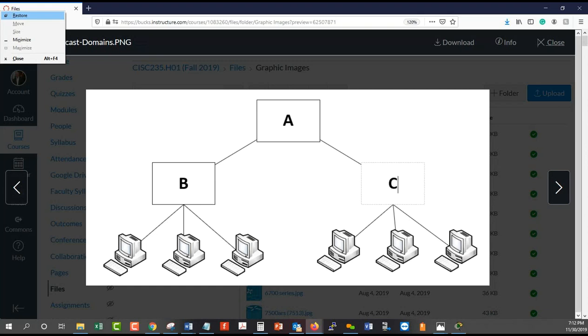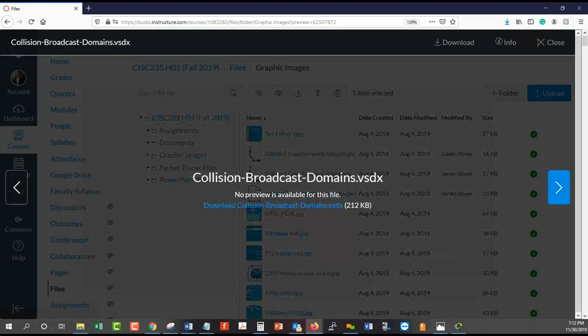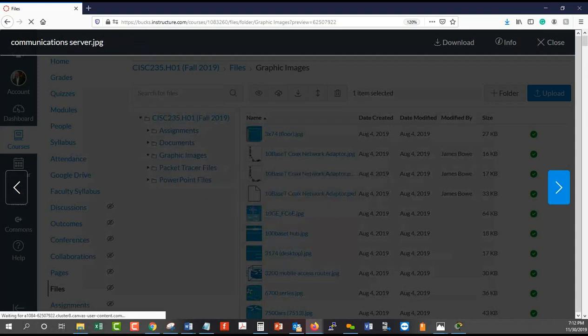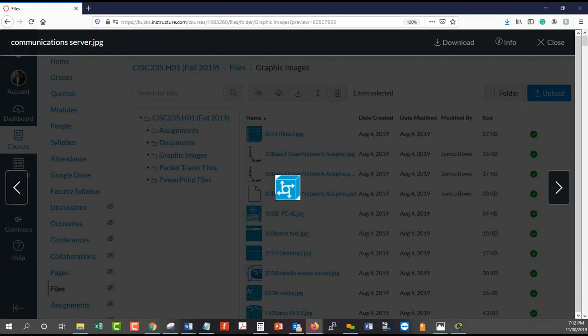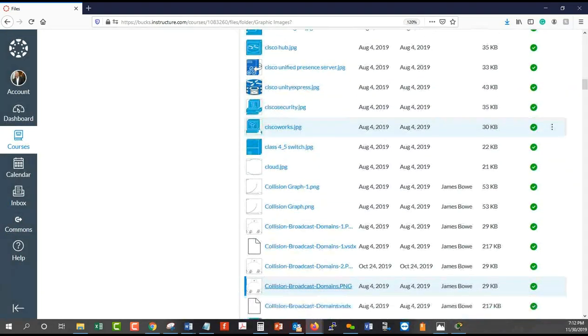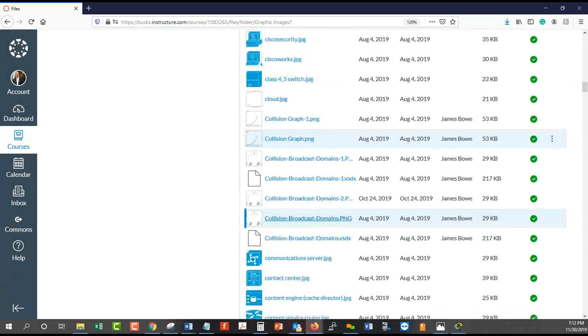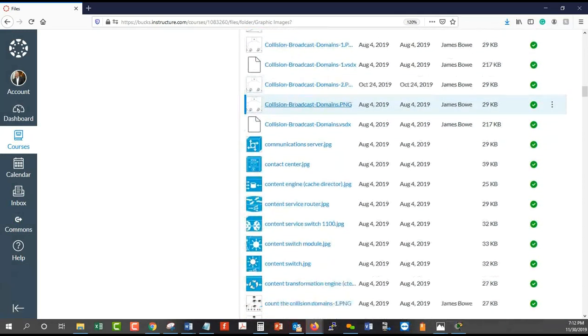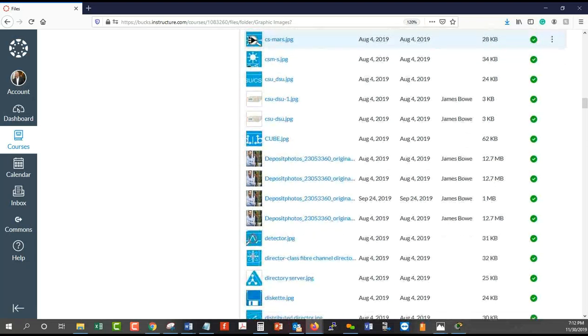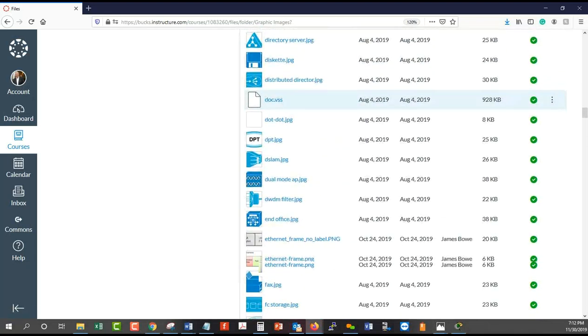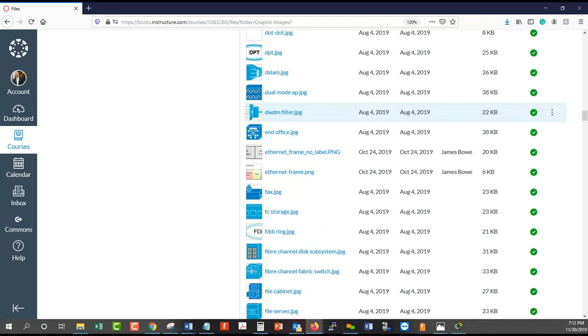Continuing to go through some of the early chapters, remember back in the midterm, we talked about the different types of PDUs.